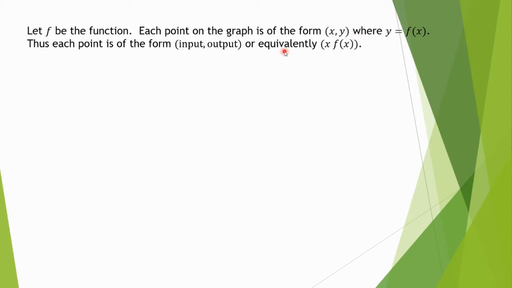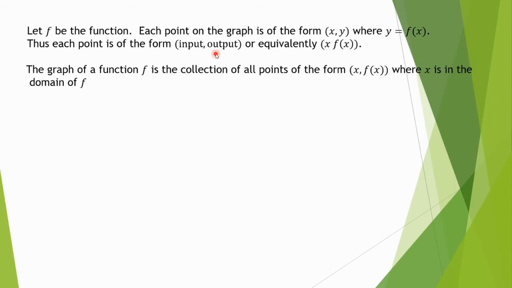And the graph of the function is all the points of this form, or equivalently this form, or this. You know, your input is your x value, x coordinate. Your output is your y value, y coordinate. And here I'm just saying that the graph is the collection of all points of this form. Again, that's just a definition.